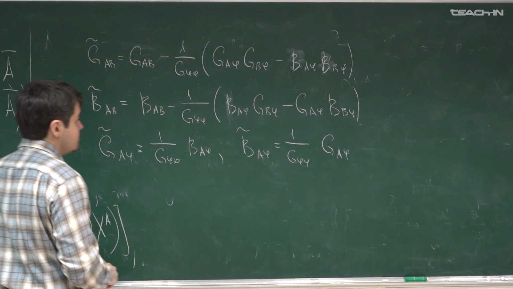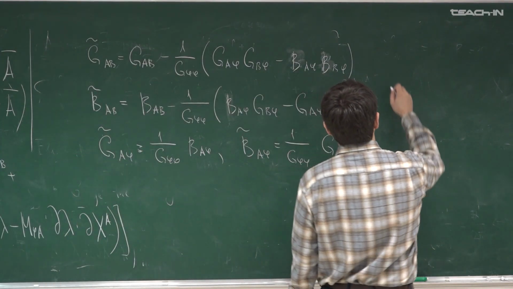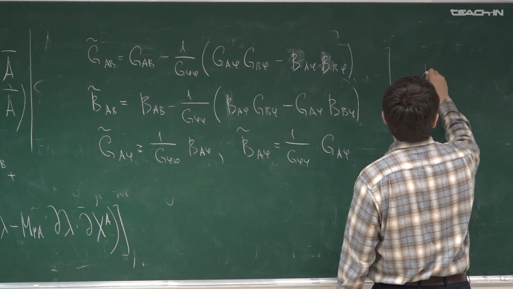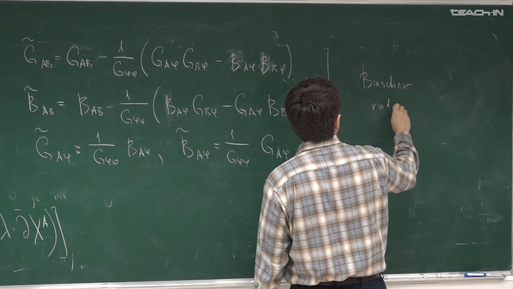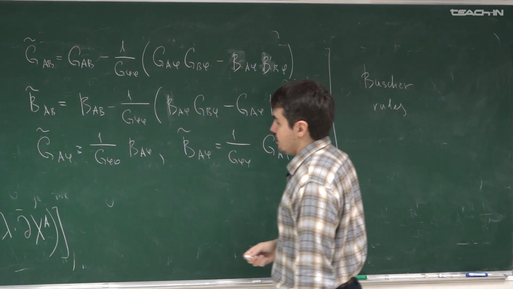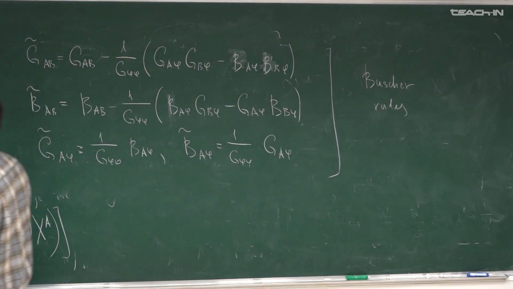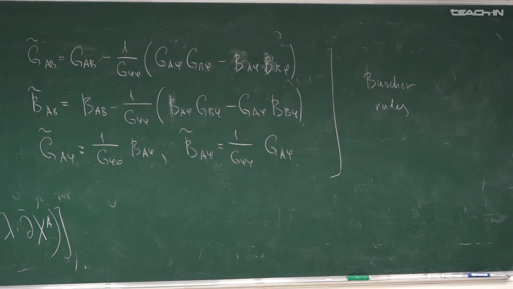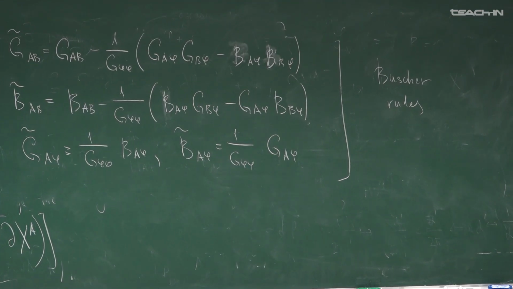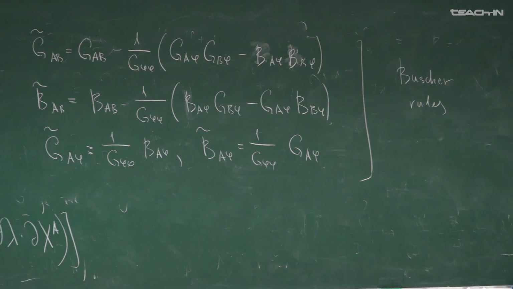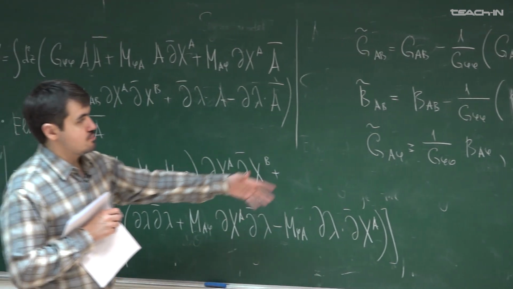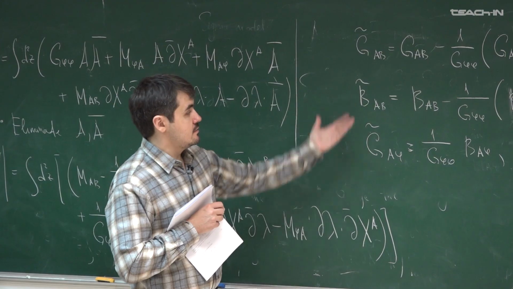So these transformation properties are called Buscher rules for T-duality. That means that somehow the two sigma models with different target spaces, with different metrics and B fields, are equivalent. And the transformation properties between these equivalent models are like this.